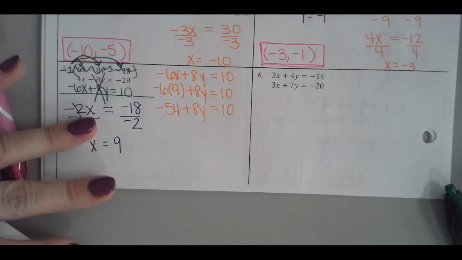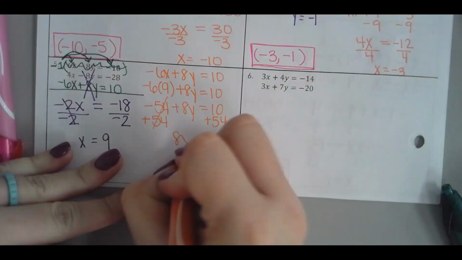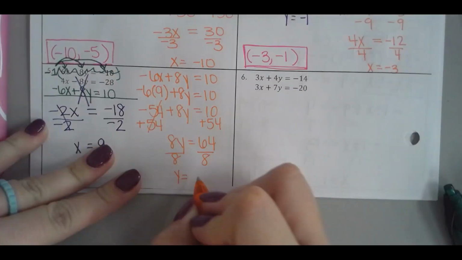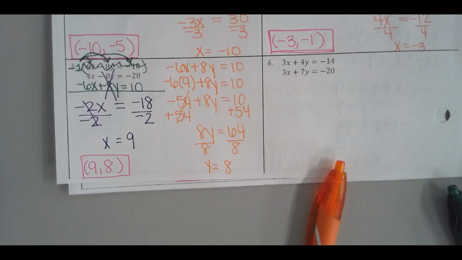Next. Yep. Add 54. For this one, 10 plus 54. 8y equals 64. What's my next step? Anybody? Divide by 8. You get 8. 64 divided by 8. So my solution is the point 9, 8.